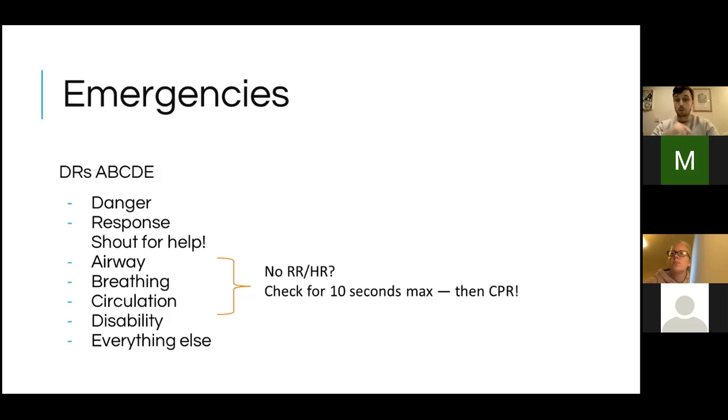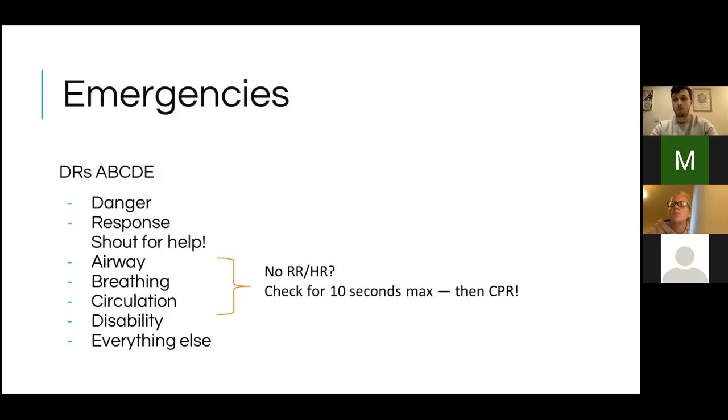As you go through this, you need to be assessing their airway, breathing, and circulation. And if there's no respiratory rate or heart rate after 10 seconds, then you commence CPR. And hopefully everyone's familiar with that and has already assessed with that in the respective universities.